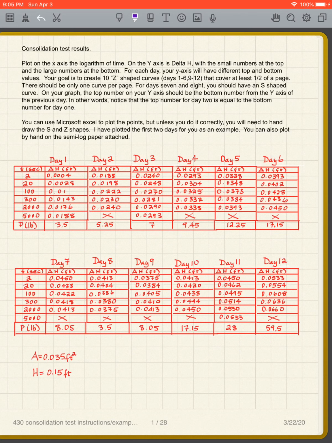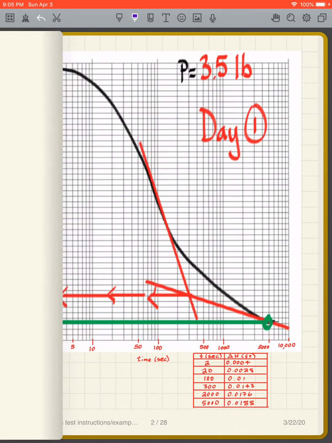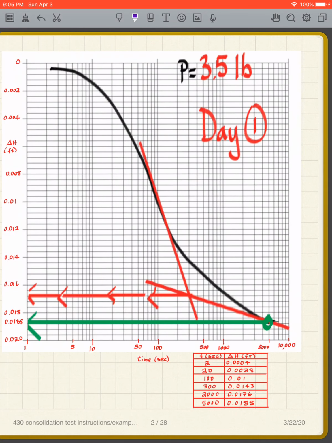So this works out pretty straightforward. So if we're going to take this data right here, we're going to plot it with time in seconds on the x-axis and delta H on the y-axis.